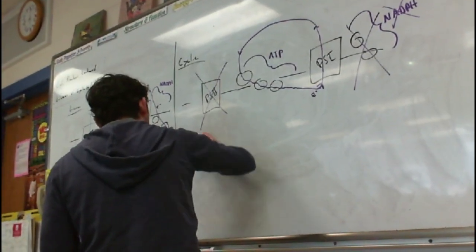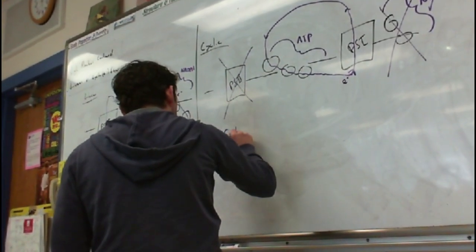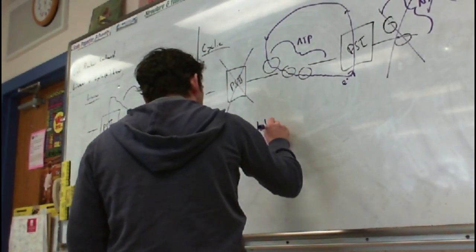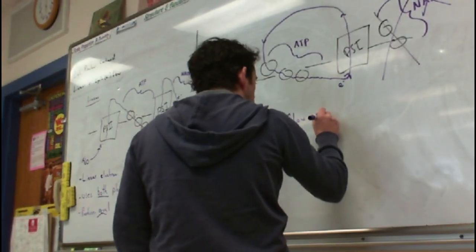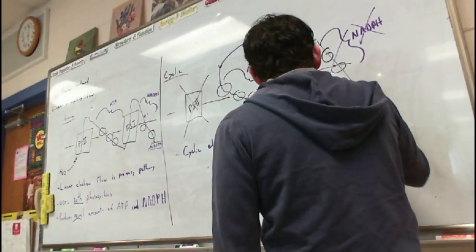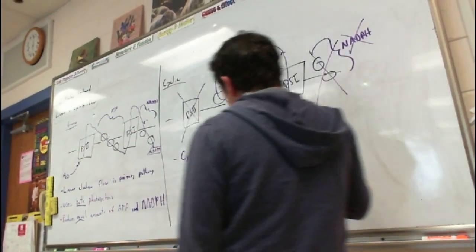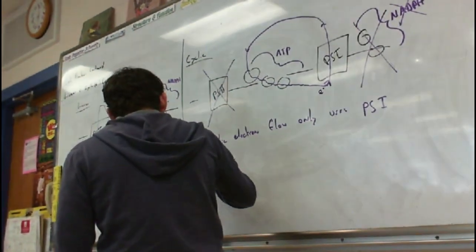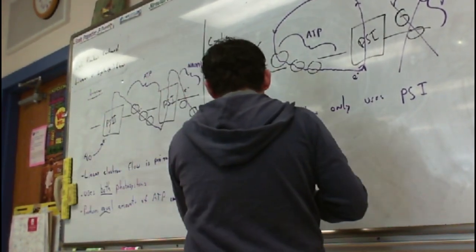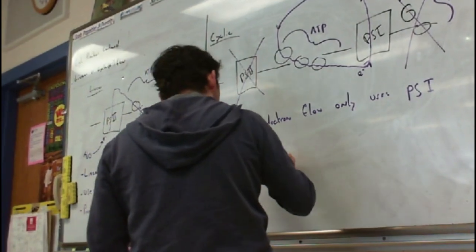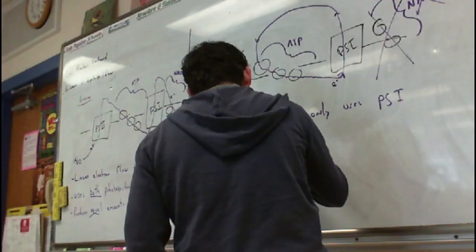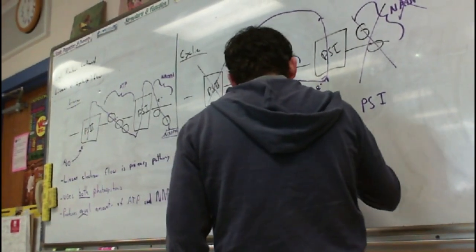So cyclic flow is like a cycle, right? It only uses photosystem 1 and it produces a surplus of ATP.